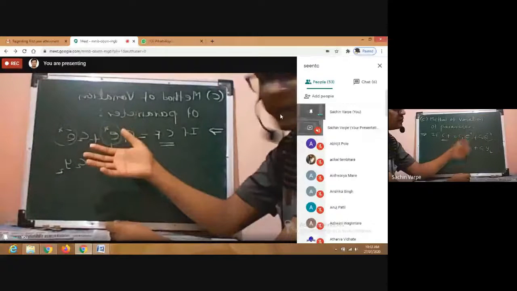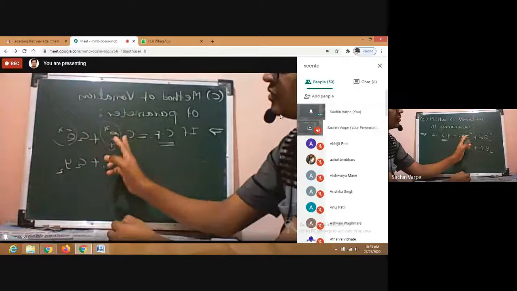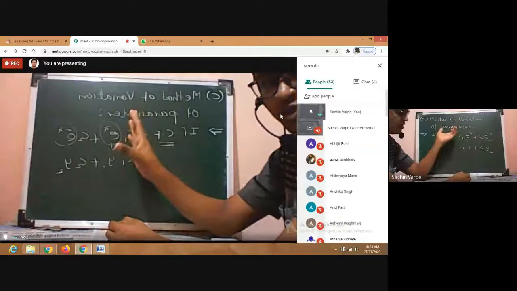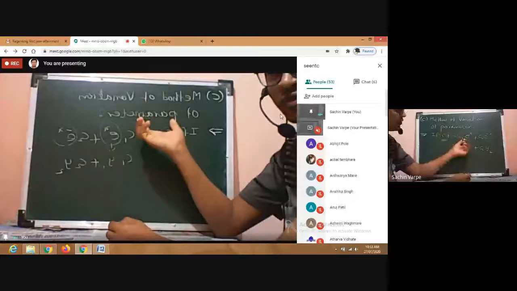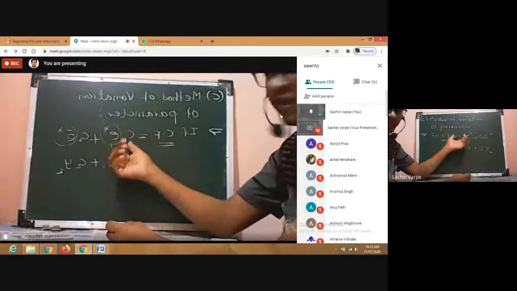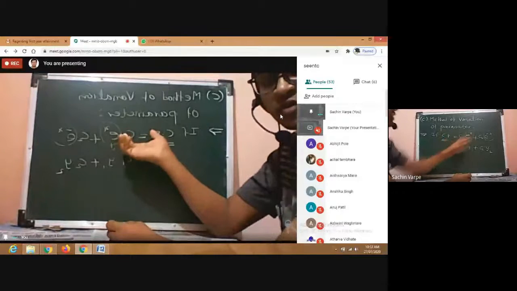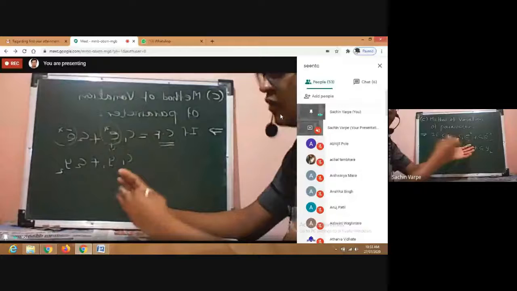Because the general solution of that given linear differential equation with constant coefficients will have infinitely many solutions, and those infinitely many solutions depend on the values of these Cs. If we change the values of the Cs, we'll get different solutions, isn't it?